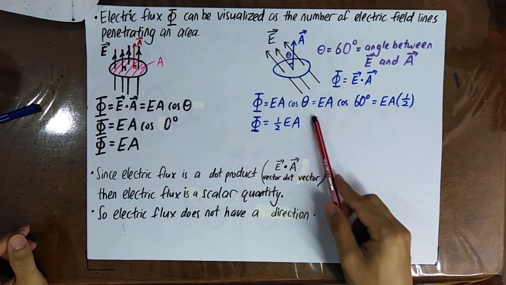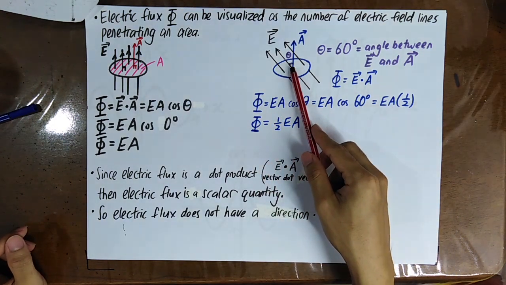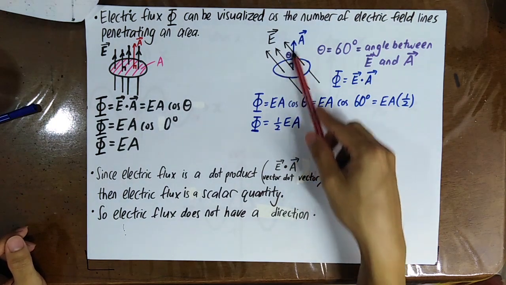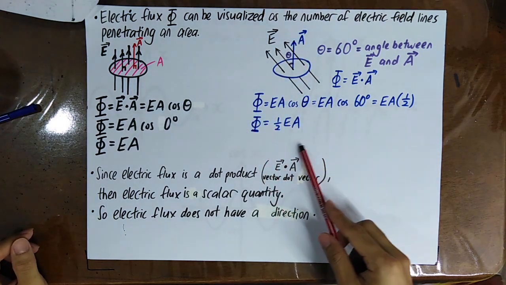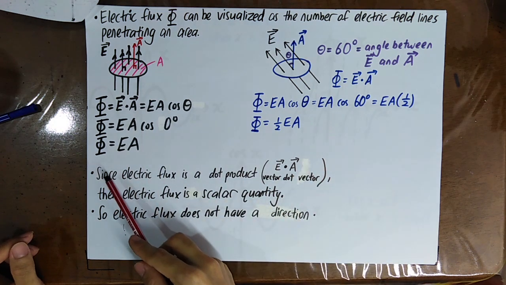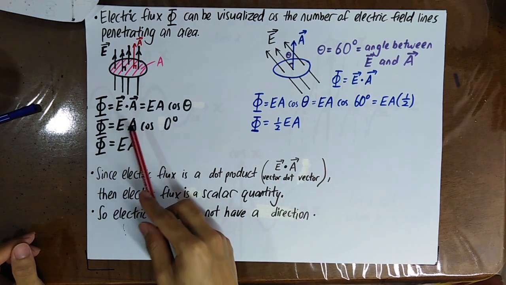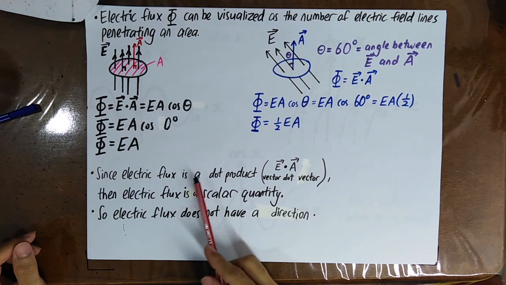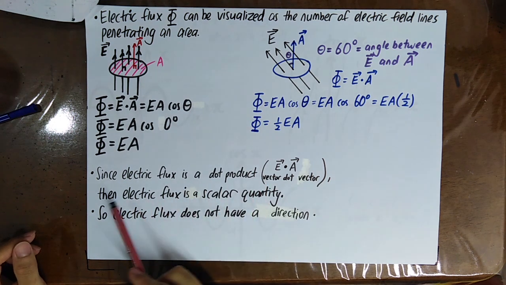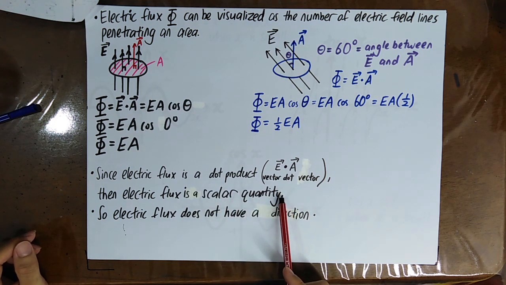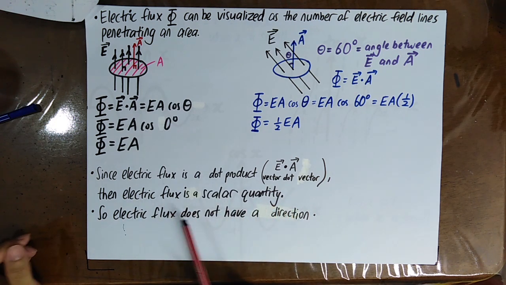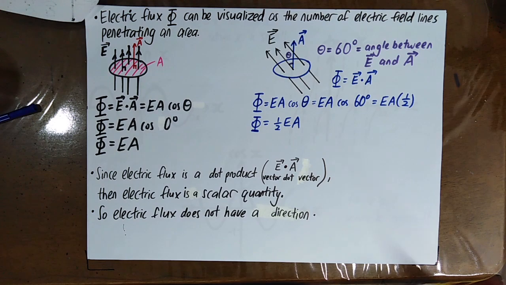So now you see, when there's a non-zero angle between E and A, the amount of electric flux decreases. And since phi equals E dot A, that means that electric flux is a dot product. So we say that electric flux is a scalar quantity, and therefore electric flux does not have any direction.